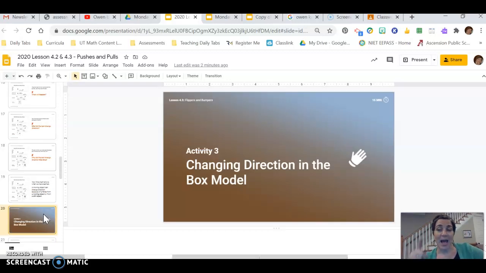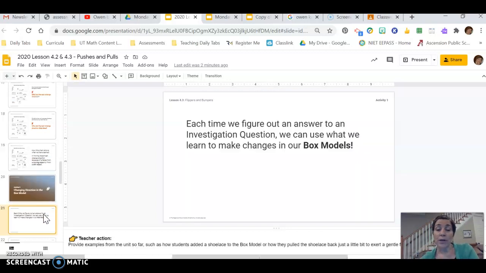Okay, I want you to think about how we're going to make our ball change directions in our box model. So we're going to have to add some things to our box model in order to make it change directions. So I want you to think about this.